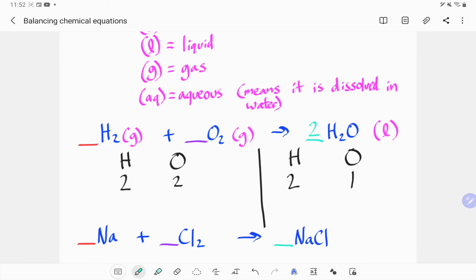So 2H2, that's going to give us 2 times 2, so we have 4 total hydrogens. And then I'm also going to recalculate the number of oxygens. 2 times 1, because there's no number in here, so we're going to assume it's 1. That means I now have 2 total oxygens.